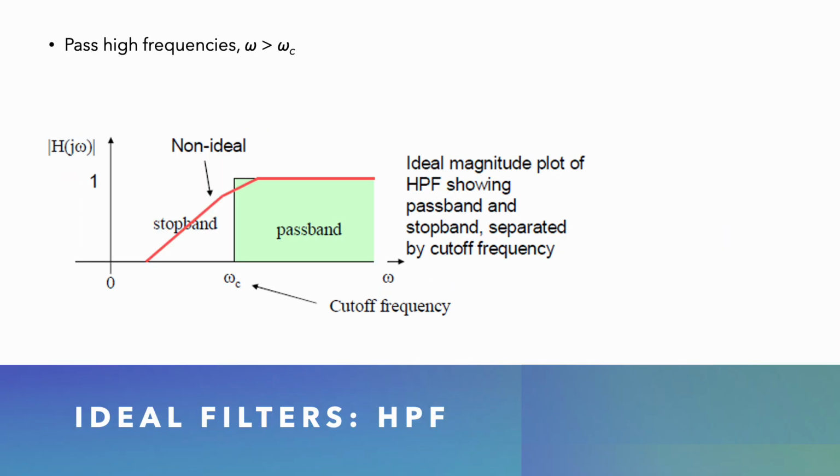Now let's look at the high pass filter. Same goes with the low pass filter. For an ideal high pass filter, there is a very clear separation between the pass band and stop band. For a high pass filter, it allows higher frequencies to pass through, and it filters out or eliminates all the stop band frequencies from passing through the filter or circuit.